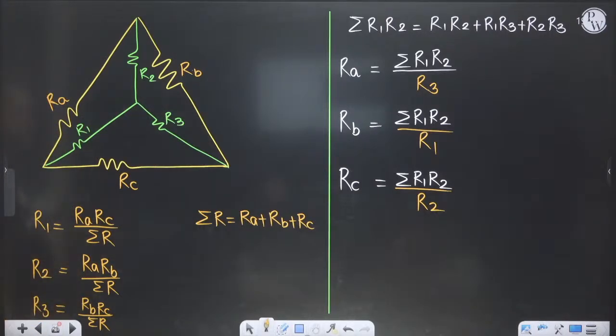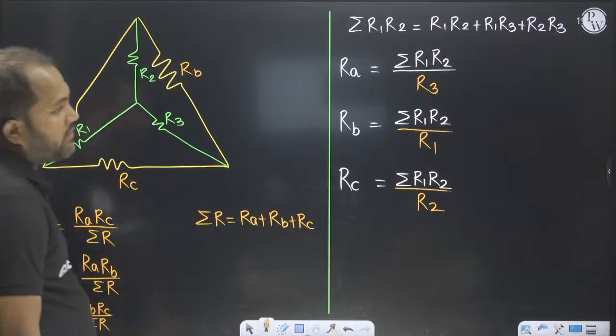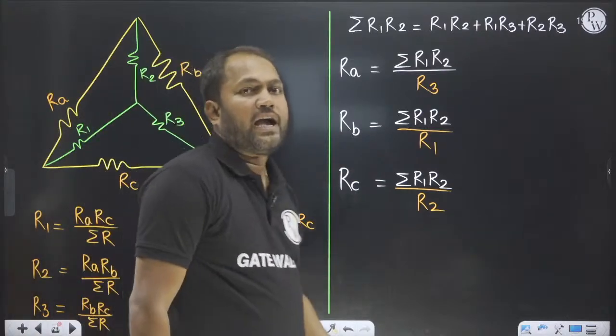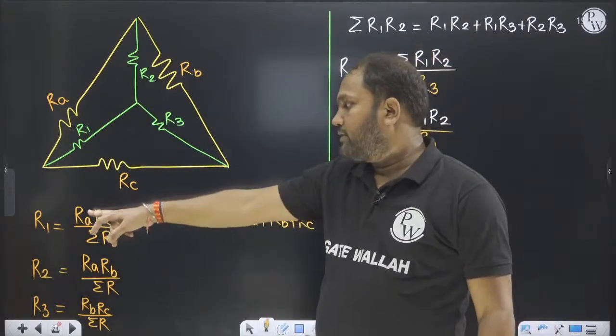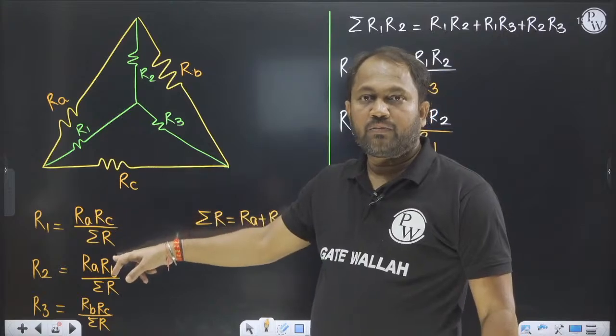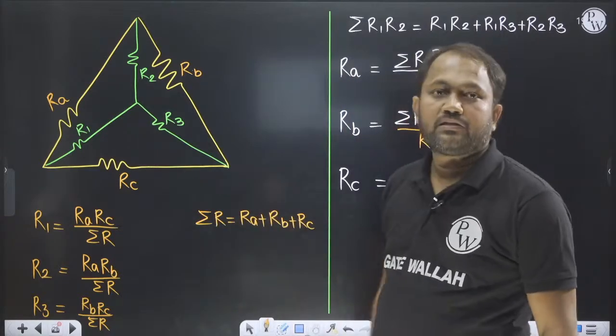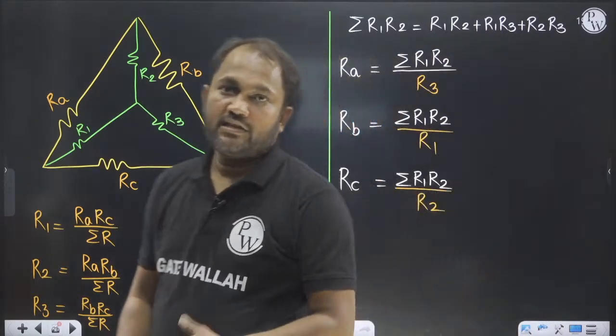In case of L, the formula will be same. For C, I will replace with 1 by C. So for capacitance, what I will do?